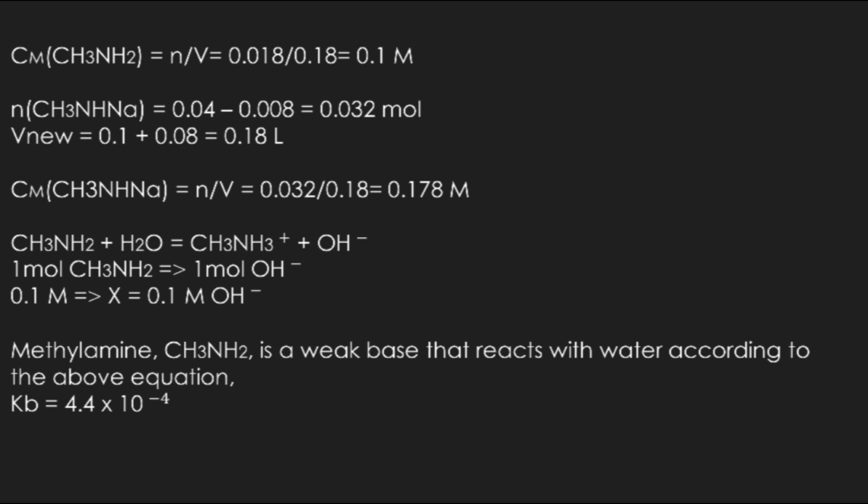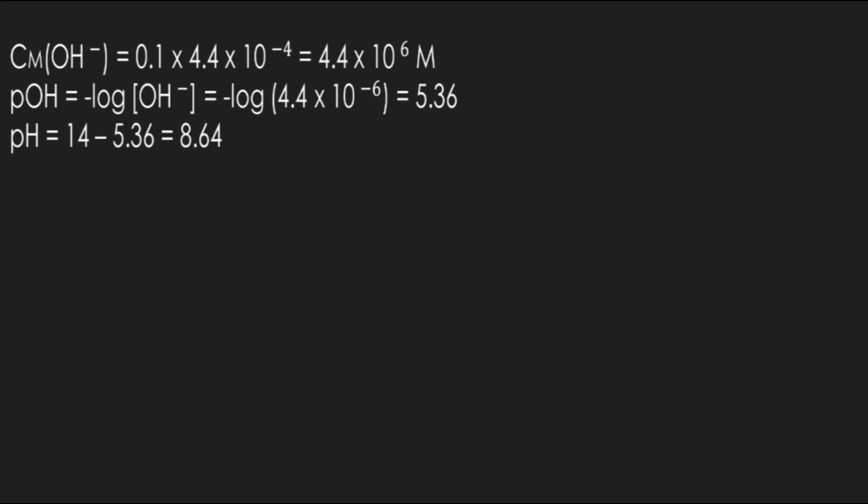Methylamine, CH3NH2, is a weak base that reacts with water according to the equation above. For this reaction at equilibrium, the Kb is 4.4 times 10 to the power of negative 4. Cm OH negative is equal to 0.1 times 4.4 times 10 to the power of negative 4, which is equal to 4.4 times 10 to the power of negative 6.